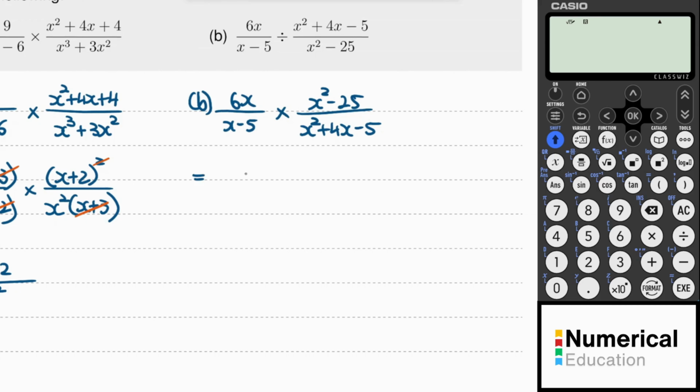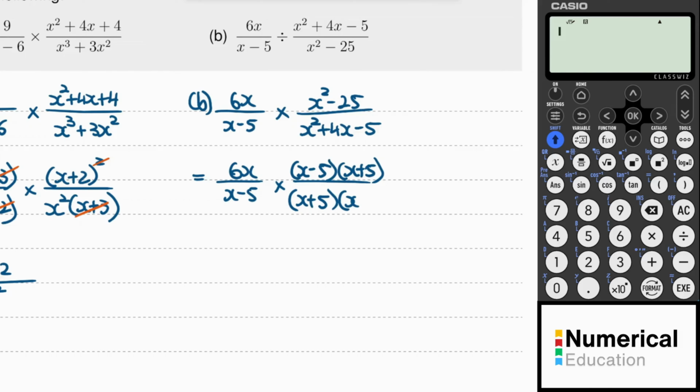Right, so there's not much we can do in the first fraction, so that remains exactly as it is, times. And then we factorize, right? So x squared minus 25, it's a difference of two squares. So that would be x minus 5, x plus 5. On the bottom of the fraction there, it's a quadratic trinomial. And I think it would be x minus 5, x plus 1.